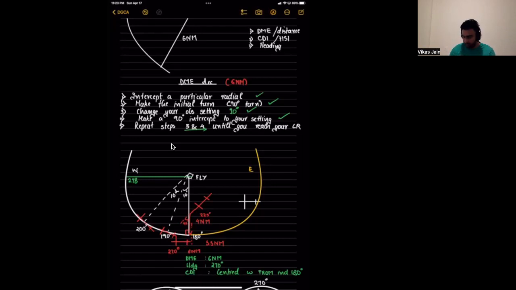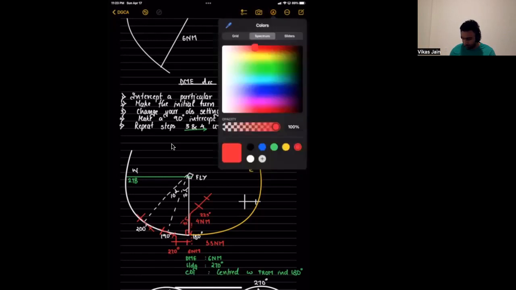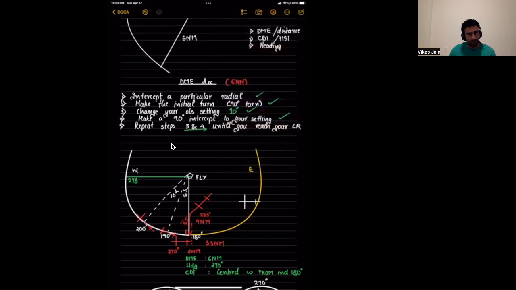Once you make the 270 intercept, then you either fly outbound or inbound, depending on the procedure. It's as simple as that. Once you make the intercept with 270 degrees, let's say it's inbound, you just make a turn towards the VOR and then fly in that direction. That's your DME arc, okay?